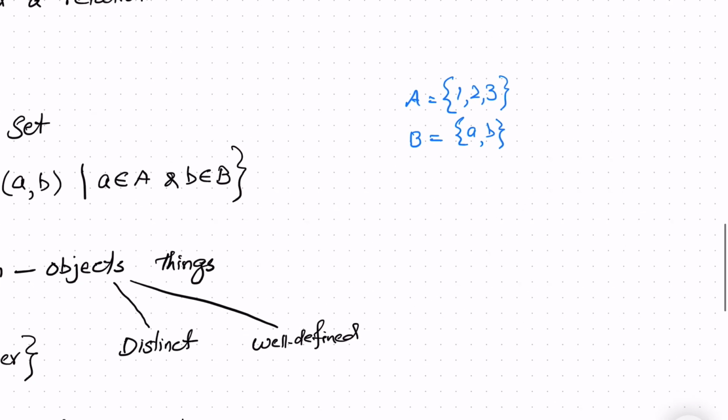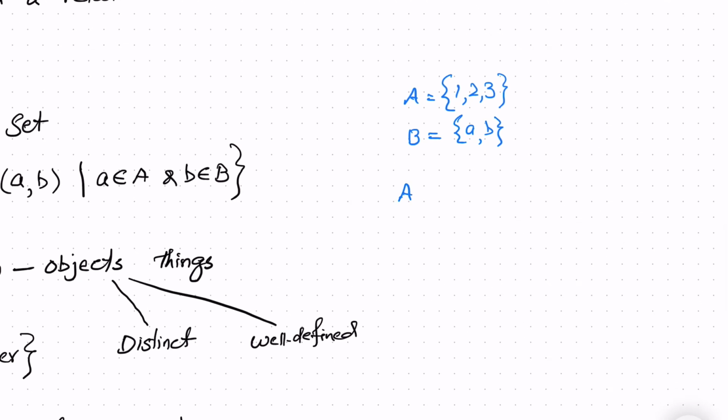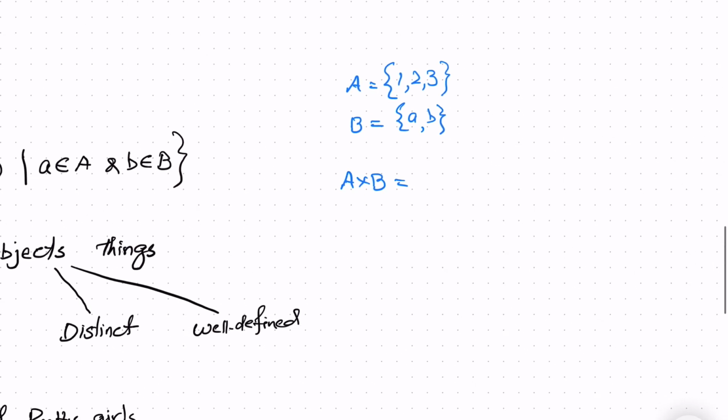And we want to know what is A cross B. Whenever you find the Cartesian product between A and B, you make sure that the first element comes from the set A, and the second one comes from the set B. So we could have one option, which is 1a, 1b.